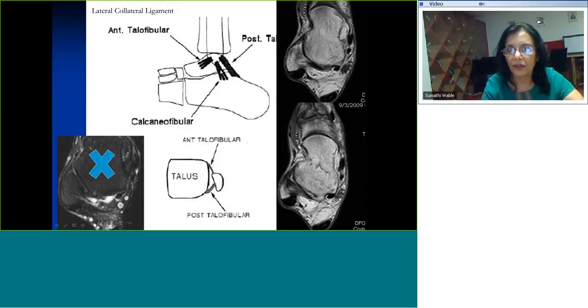And the calcaneofibular ligament is more obliquely oriented, more like in the coronal plane. These are the ligaments that are most often torn, the anterior talofibular ligament being the thinnest and the weakest is the most common one to tear.